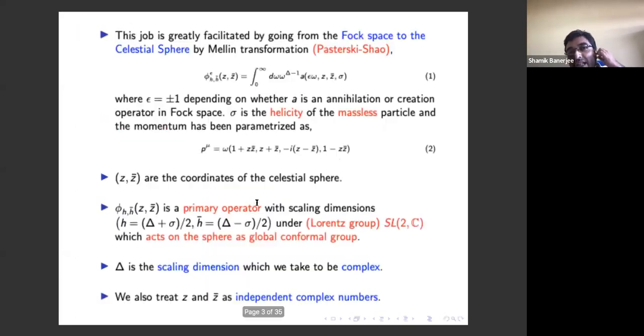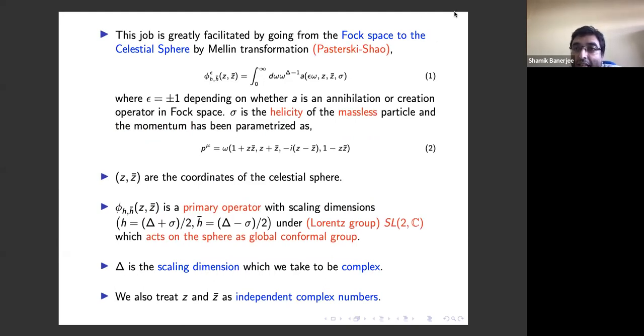Okay. So this job is greatly facilitated by going from the Fock space to the celestial sphere by the Mellin transformation.